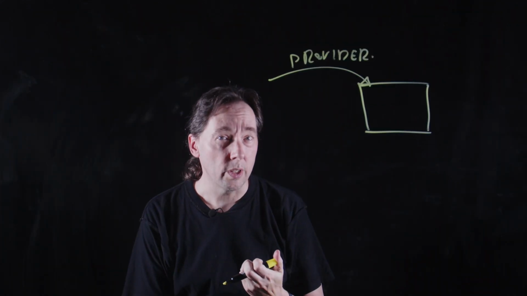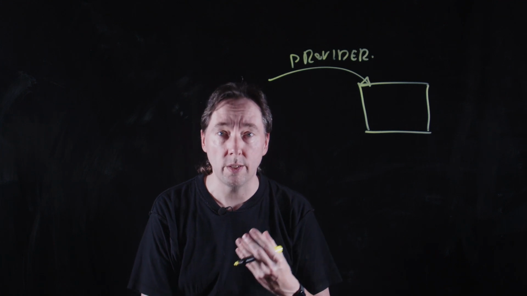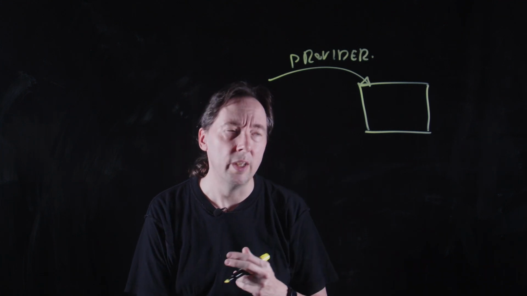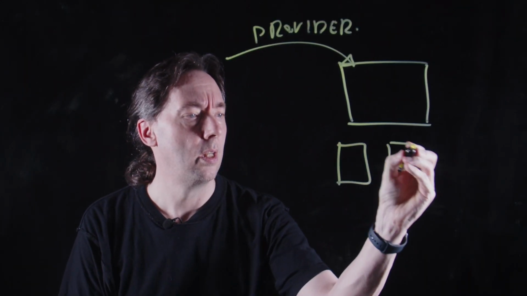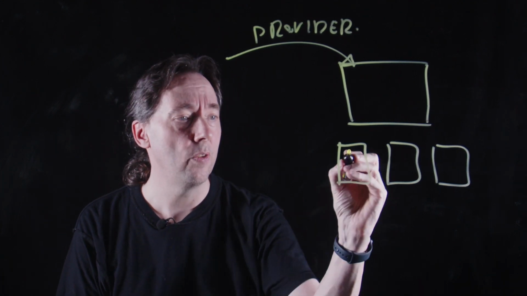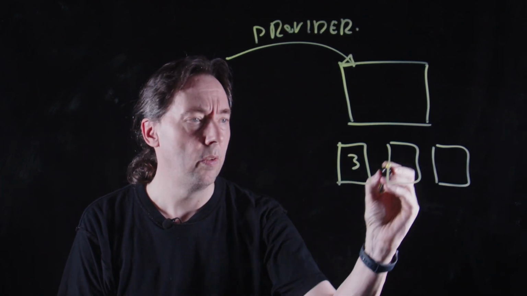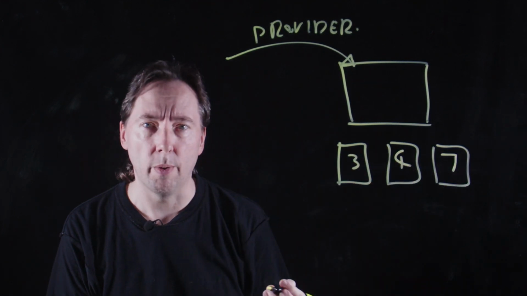How this actually works is it talks into the API of the target system and then gives you a list of your current estate. So for example, if your vCenter estate has 3 hypervisors on it, and let's say you've got 3 VMs on one, 4 on the next one, 7 on that one.